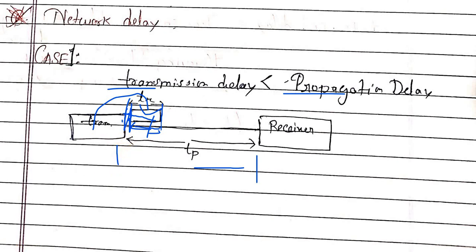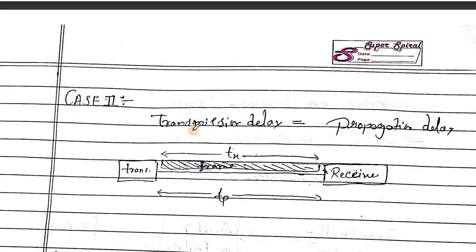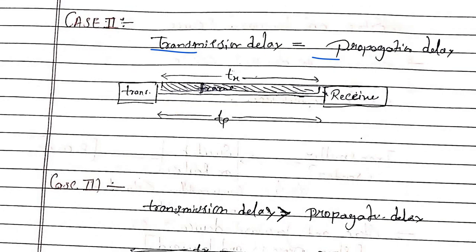In case 2, if the transmission delay is equal to the propagation delay, then the diagram is like this. We put the first bit of the frame into the channel and it travels toward the receiver.